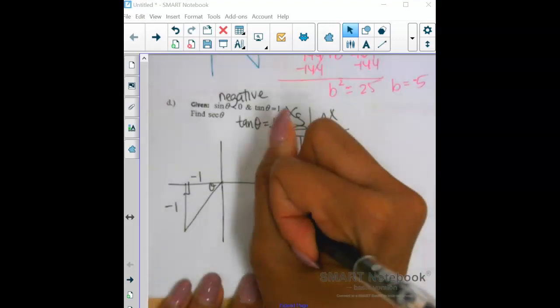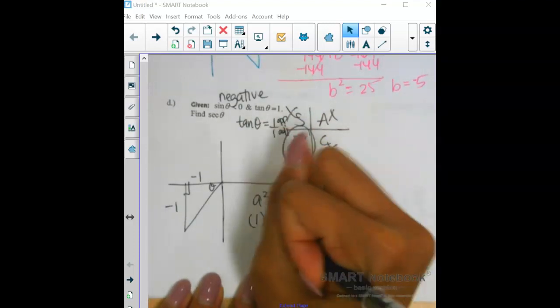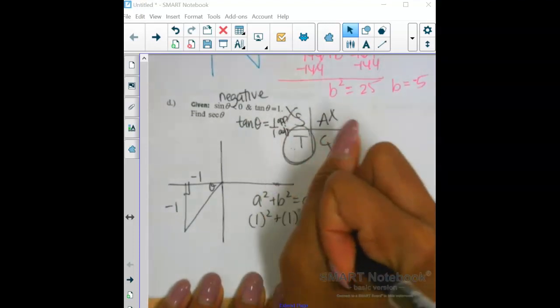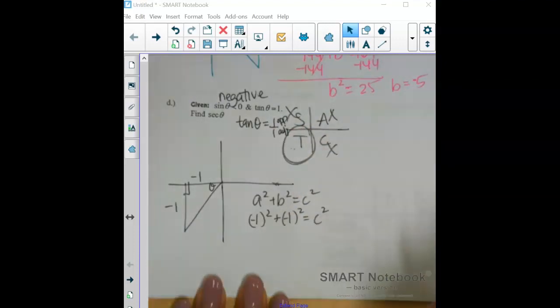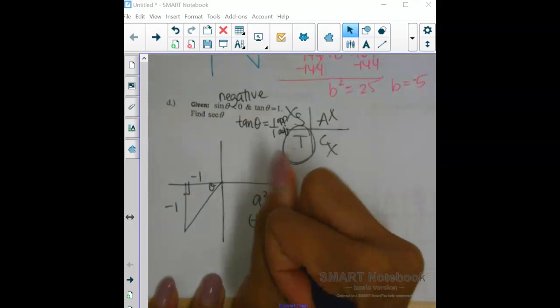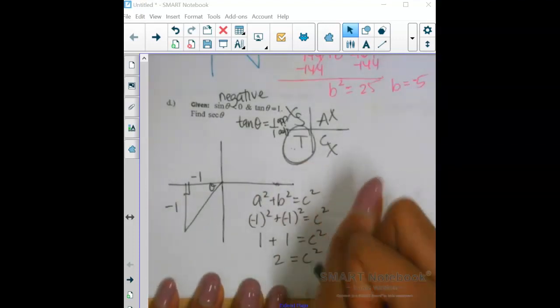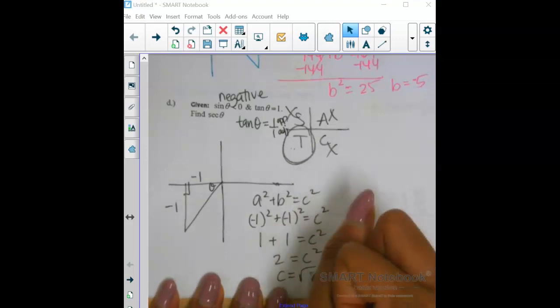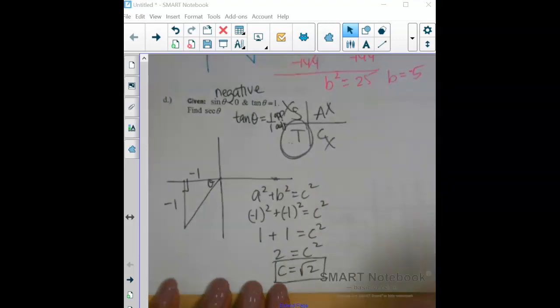With my hypotenuse, we're going to do a squared plus b squared equals c squared. A is 1, b is negative 1, and c is just going to be c. So 1 plus 1 equals c squared. 2 is going to equal c squared. So the c value that I'm looking for is the square root of 2.